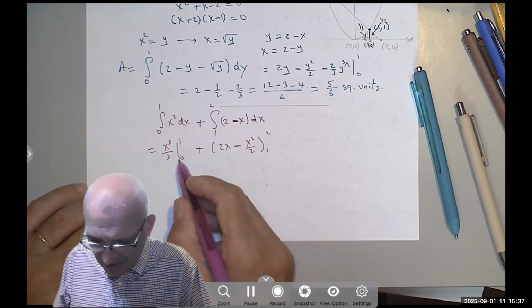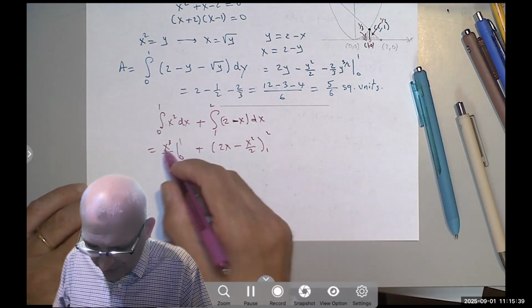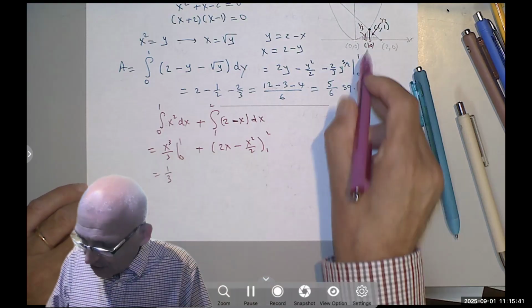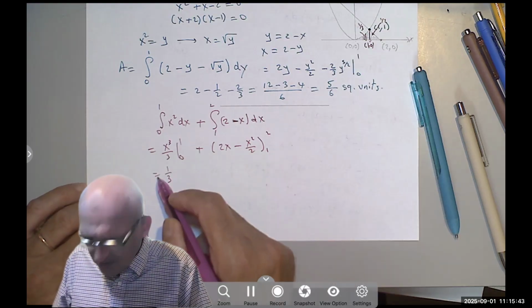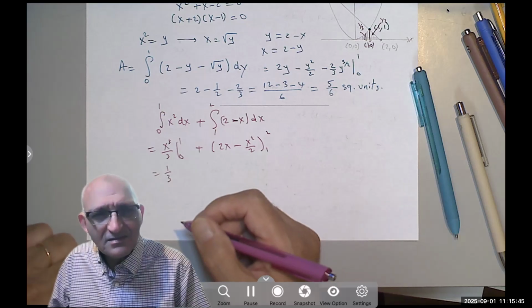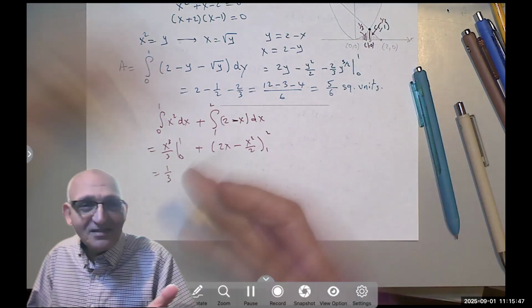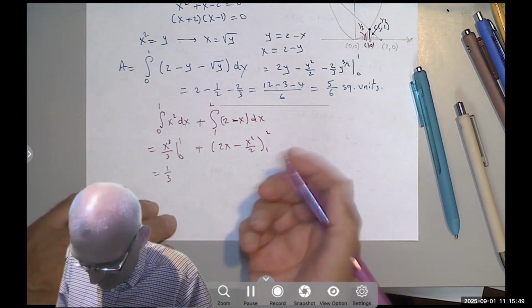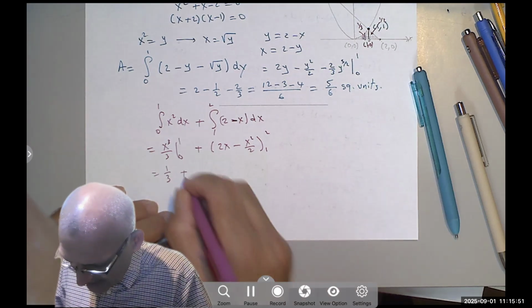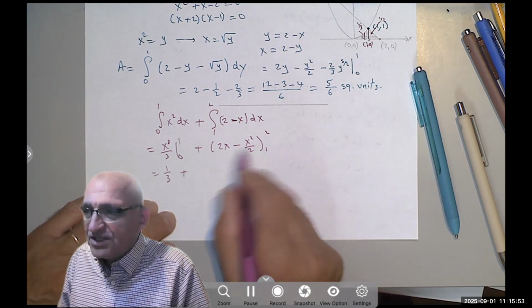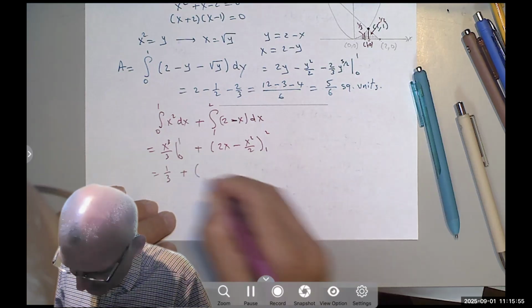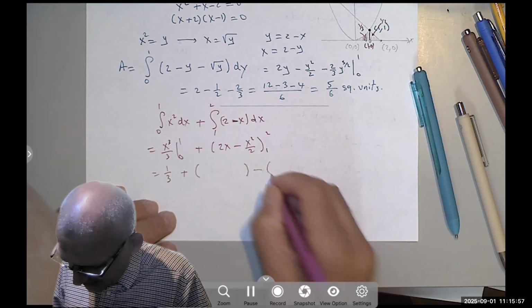This one is easy because at 0 you get 0, you get 1/3. Oh, 1/3. So I guess I didn't have to do this integral. Just to show you that it's really the same thing. Plus, now I have integration between 1 and 2, so I would have 2 pairs of parentheses.